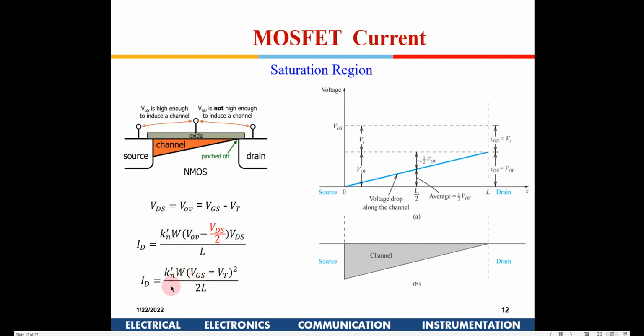So we have to understand the factors which affect the drain current. Even if you don't remember the exact equation, when we design things, at least we should know how these factors affect the ID.